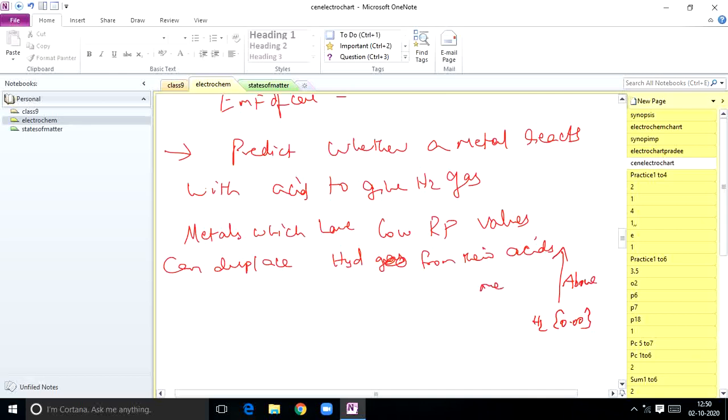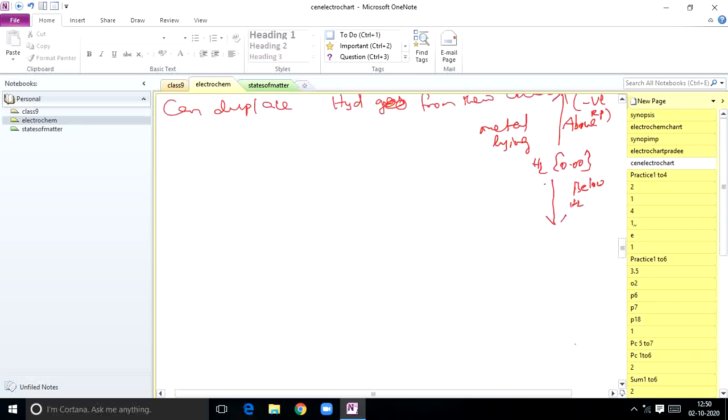Metals lying above hydrogen possess negative reduction potential values, and metals lying below hydrogen in the electrochemical series possess positive reduction potential values.